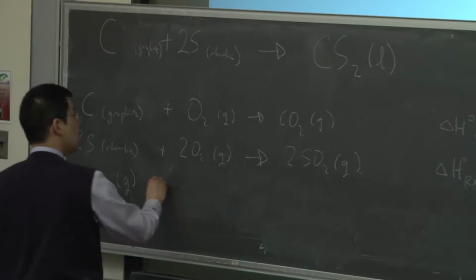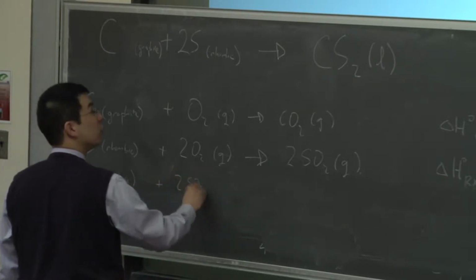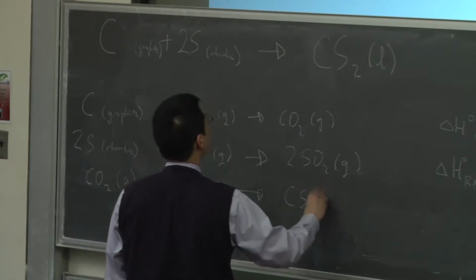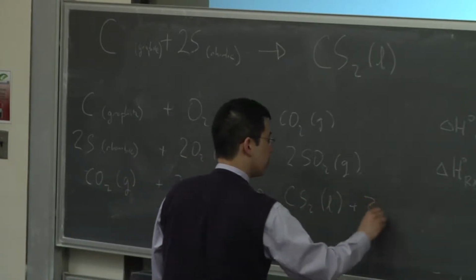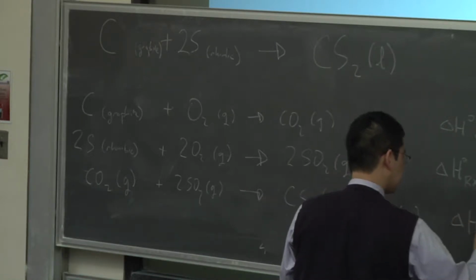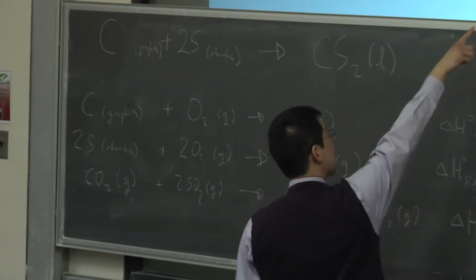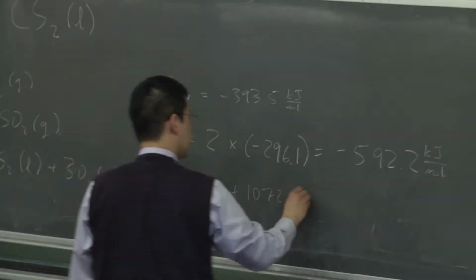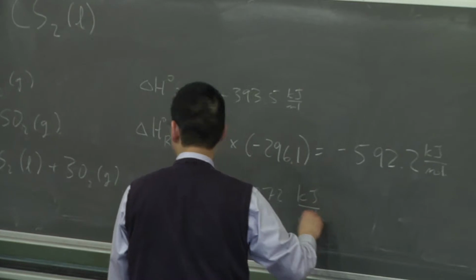CO2 gas plus 2SO2 gas gives me CS2 liquid plus 3O2 gas. And now delta H is, change the sign. Same number, change the sign. Positive 1072 kilojoules per mole.